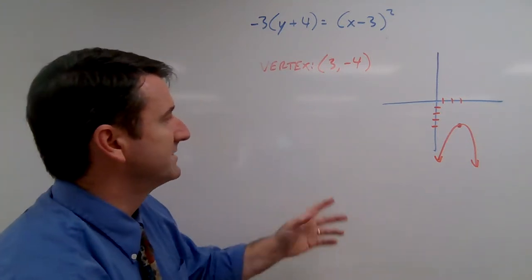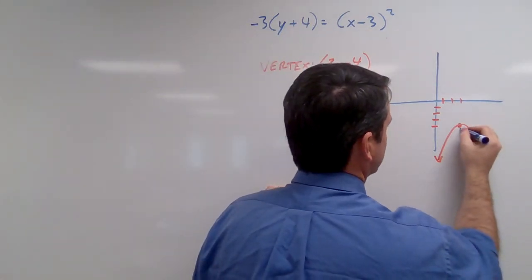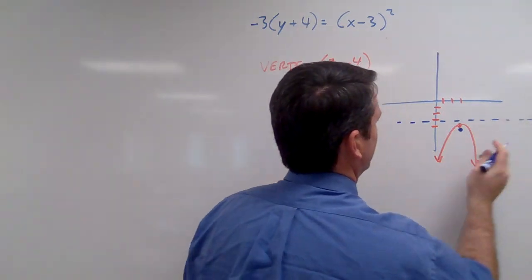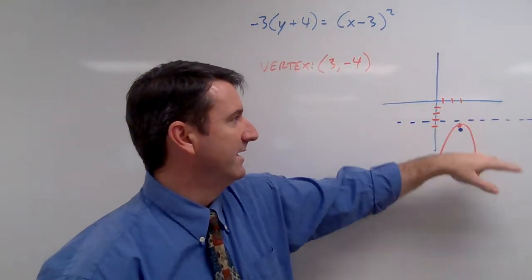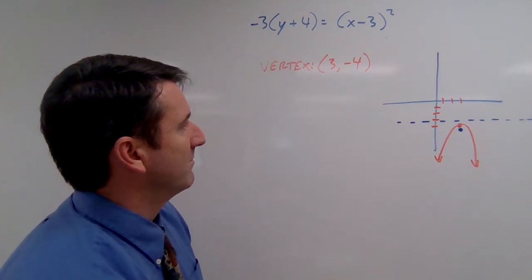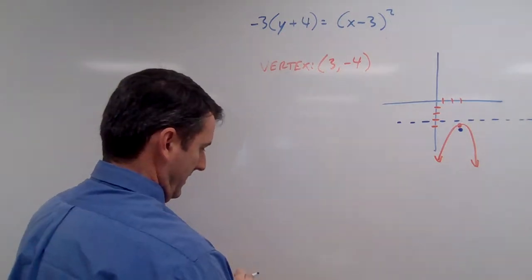All right. And so if the parabola is going down like this, our focus is going to be in here somewhere, and our directrix is going to be a horizontal line just above that parabola.